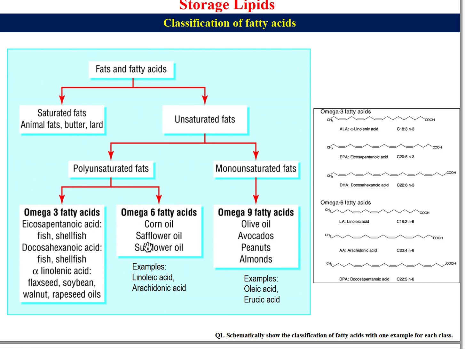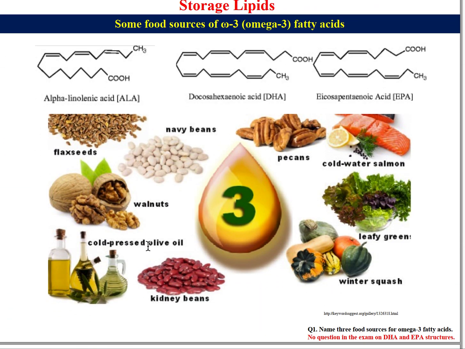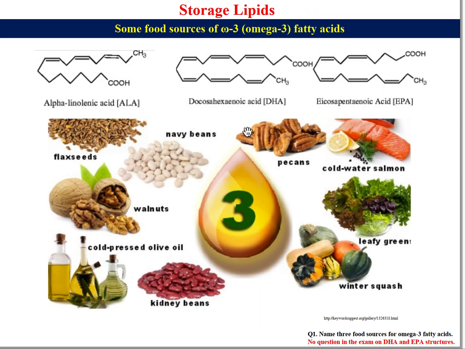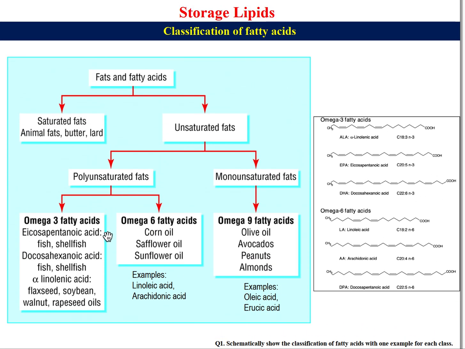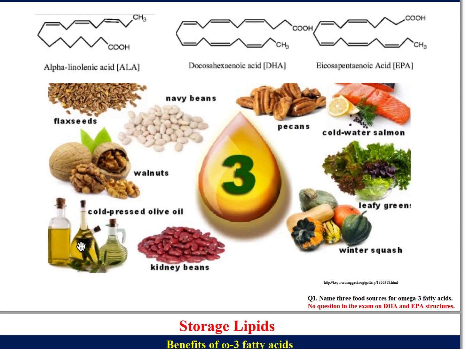And here are examples of some sources of omega-3 fatty acids: alpha-linolenic acid, docosahexaenoic acid, and eicosapentaenoic acid. Those are omega-3 fatty acids, which means they are polyunsaturated fats. They are found in flaxseeds, navy beans, walnuts, cold processed olive oil, kidney beans, leafy green vegetables, cold water salmon, pecans, and winter squash.